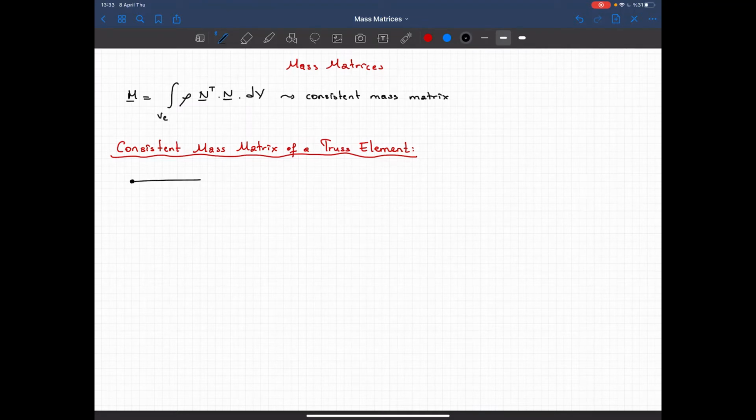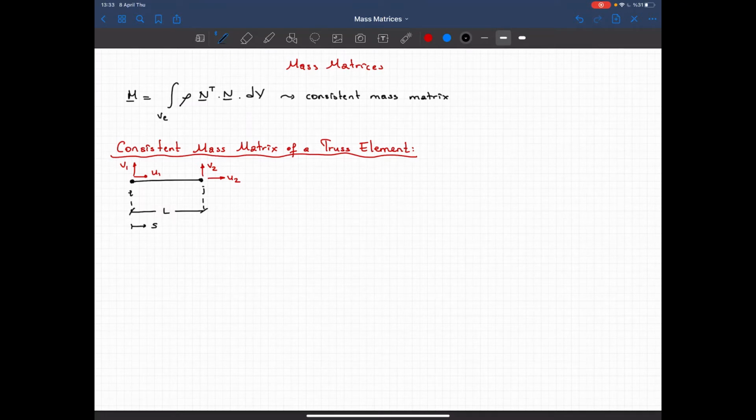So this is our truss element. That's node I, node J. That's the length of the member. And we have U1, U2, and we also have V1 and V2 here. Okay. Now I'm just defining a coordinate system as follows.